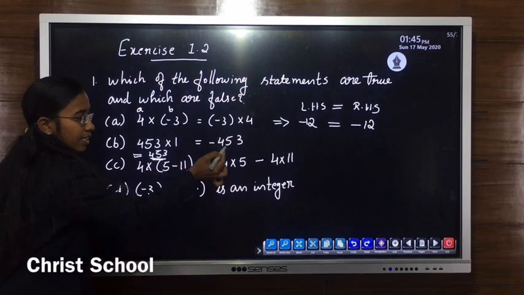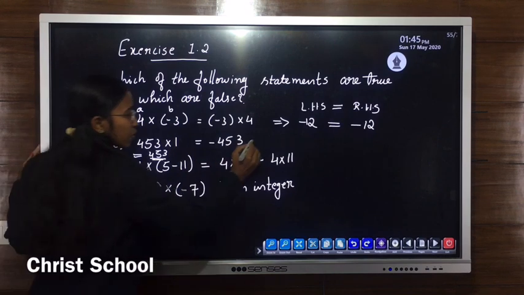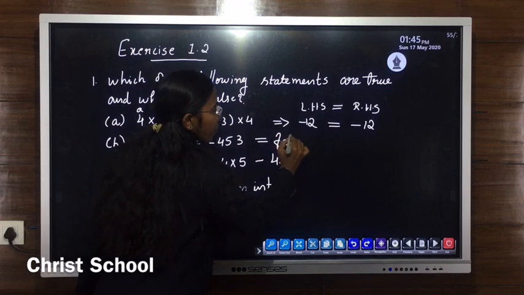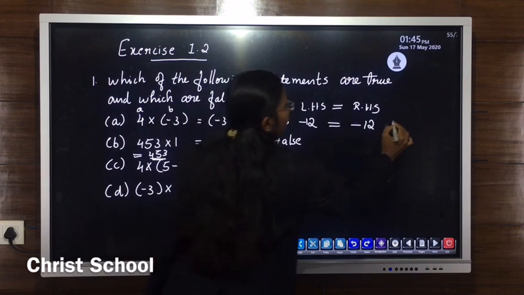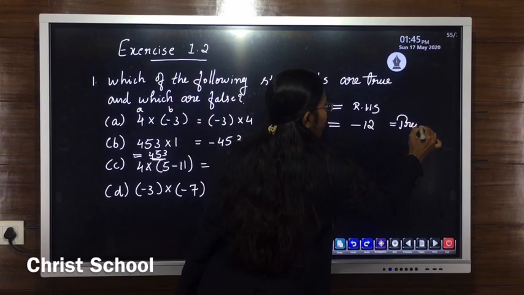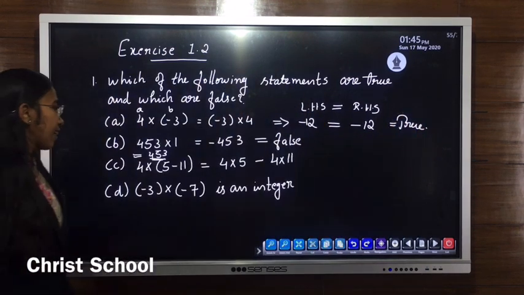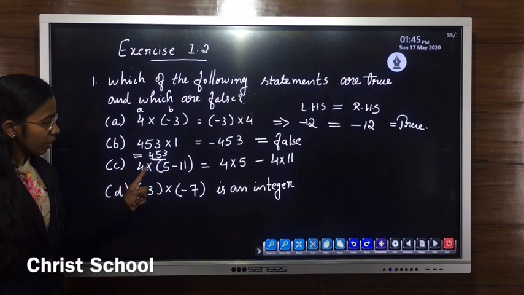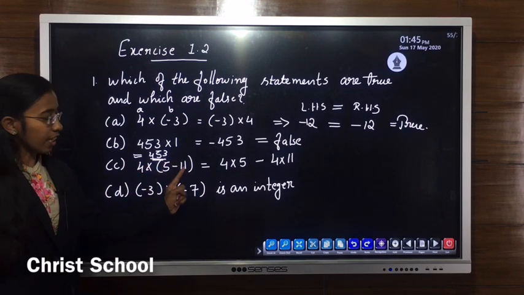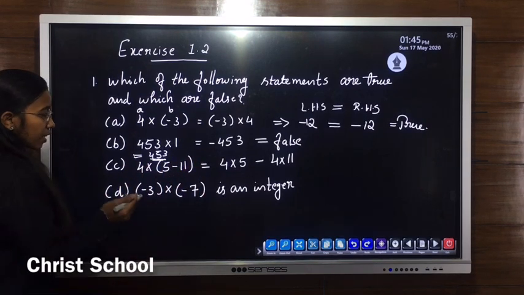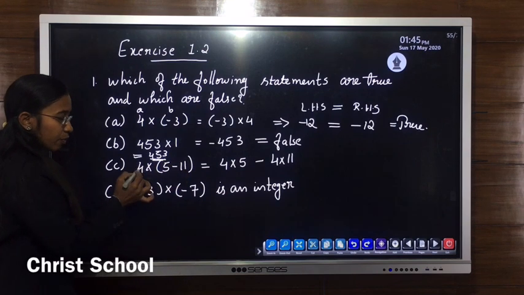So here our answer is minus 453. So this statement is false. And the C part, 4 into 5 minus 11 equal to, which means outside the bracket one integer is there, 4.